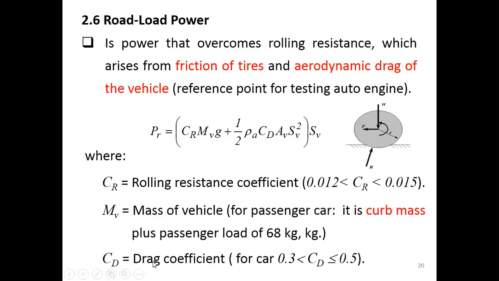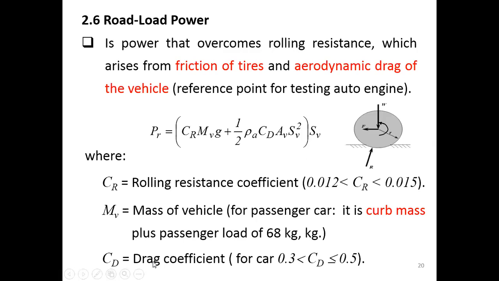Okay, the next one is called the load power. This is the power more concerned in terms of car manufacturers, because they look at the engine and the car all together. Before that, we just looked at the engines.